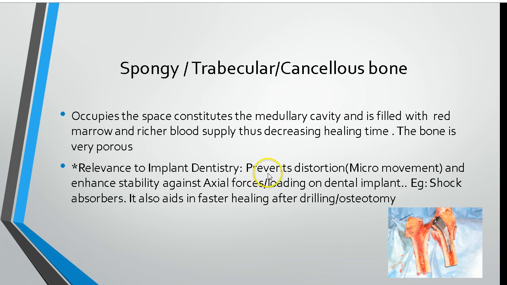Like the cortical bone, it prevents micro movement, obviously not to the extent of the cortical bone. It also helps with stability, but the key thing it does is act like a shock absorber. Anywhere in your body where your body needs a shock absorber, like your knees and your ankle, that's where you usually find a lot of trabecular bone.